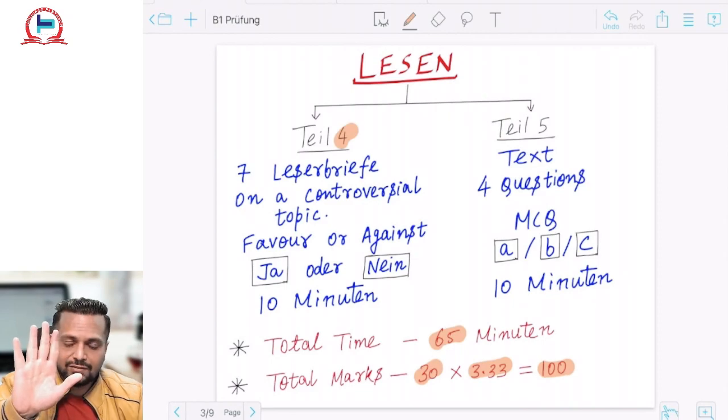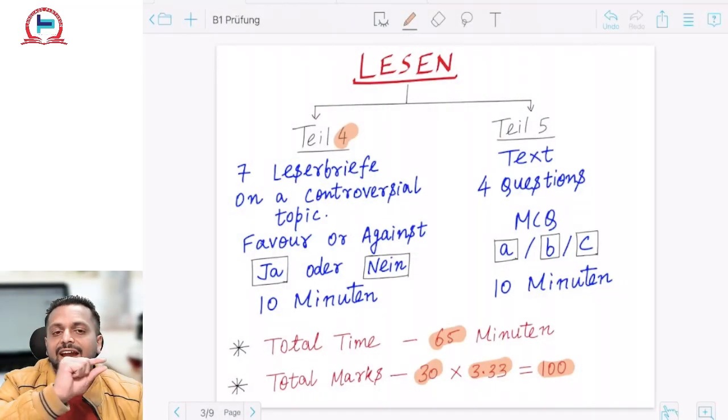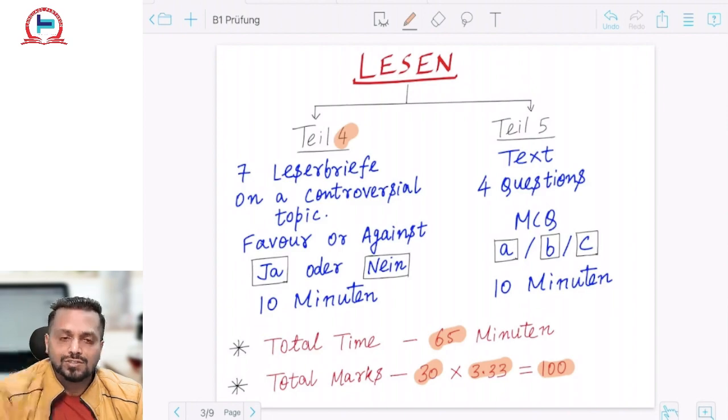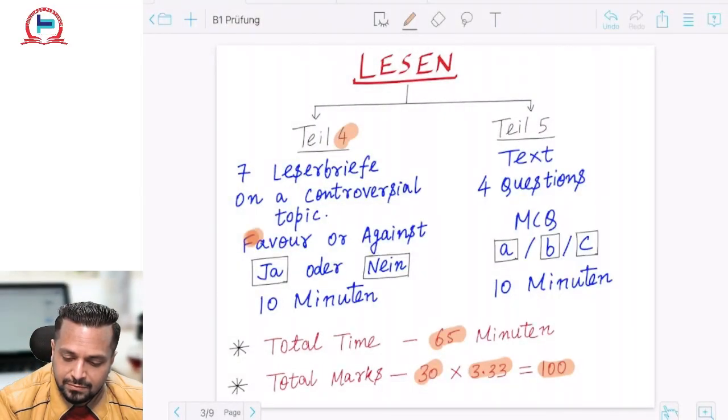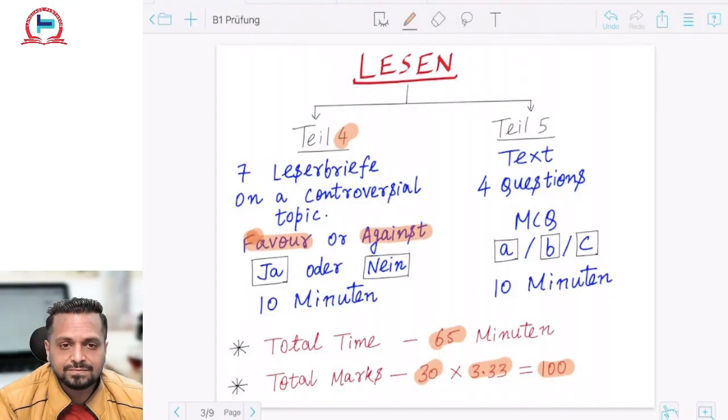The text is not given here. They have just given the heading or the title of the controversial topic. Based on the heading, you have to decide whether the person is in favor or against. If the person is in favor, you have to select yes. If the person is against, then you have to select no.